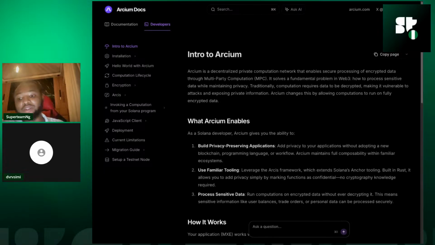There are lots of privacy programs and projects currently on Solana, but Arcium is one of the upcoming and, I would say, industry standard ones for now. So we also have Magic Block, and as I said earlier, Privacy Cash and the rest. Let's just see how it goes.